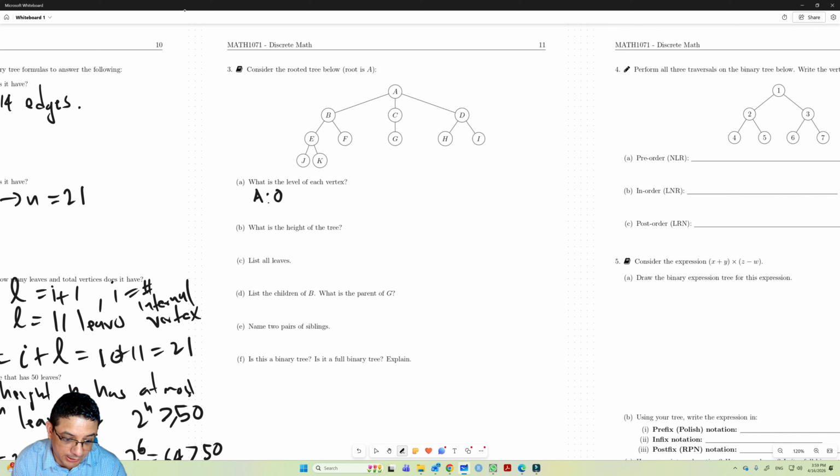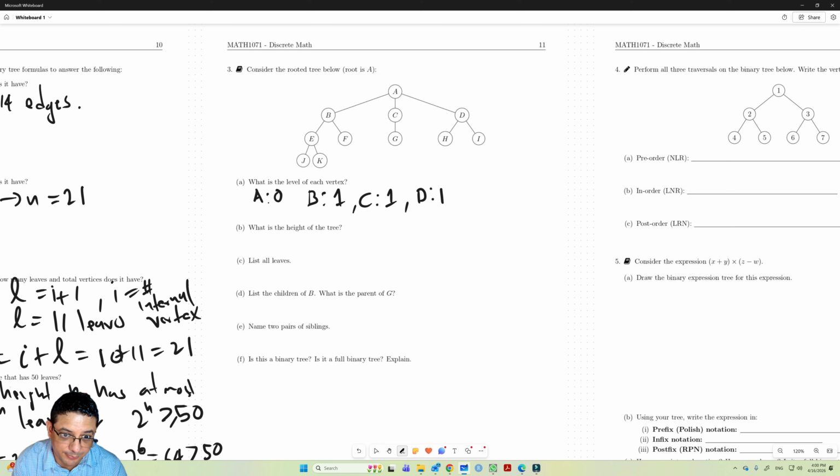Then we have B and D that are at level 1. C as well is at level 1. So B is level 1, C is level 1, D is level 1. Now, E, F, G, H, and I, those are all level 2. And finally, J and K will be level 3.